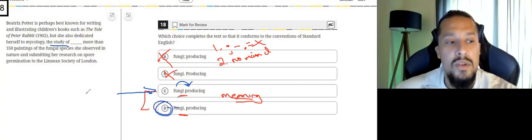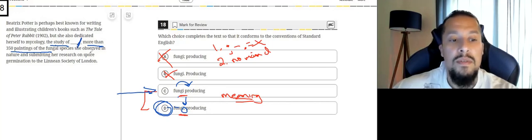However, if you tell me answer D, the study of fungi, comma, producing more than 350 paintings. Right, the study of fungi, comma, here you go, let me put it right here. Producing more than 350 paintings.